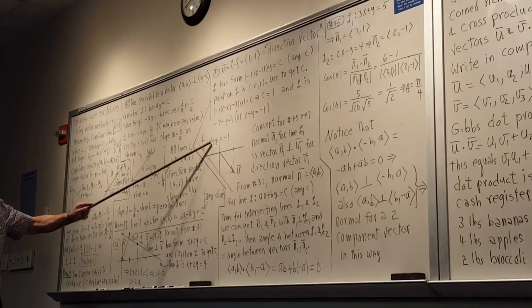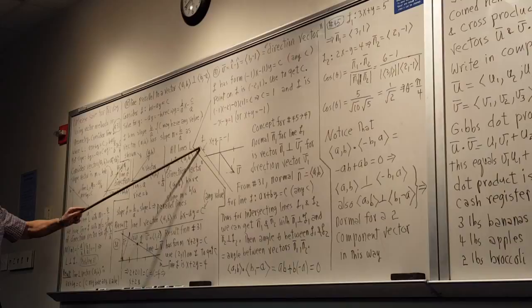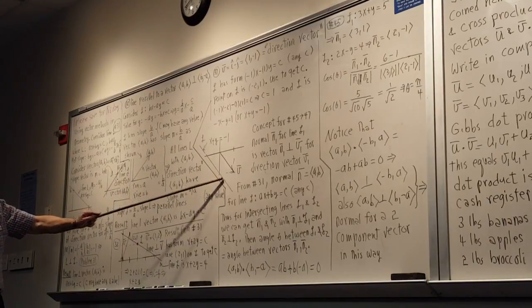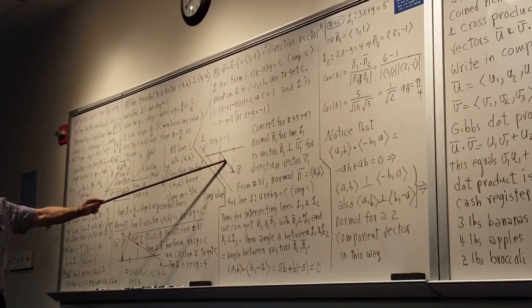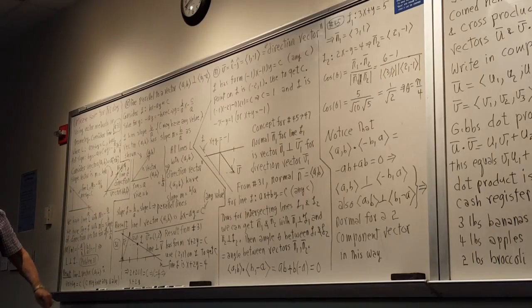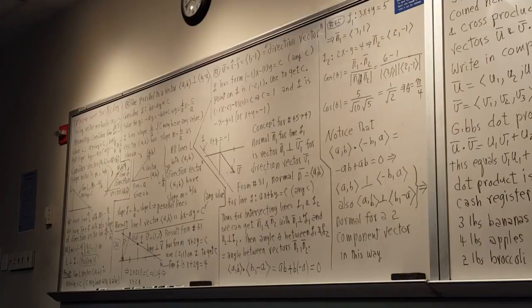So here's a picture. Here's your line over here, X plus Y equals minus 1. And here's your original vector, 1 minus 1. And you see the vector and the line are parallel. So you can use vector methods either to start with a vector and get the line perpendicular, or to start with a vector and get the line parallel.